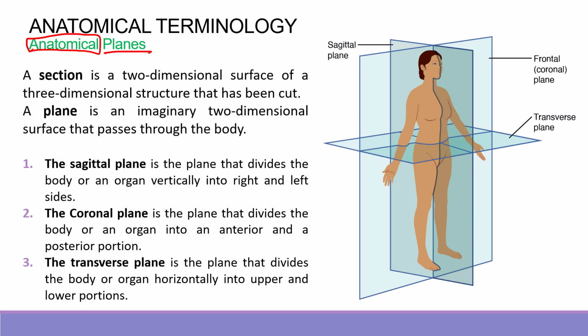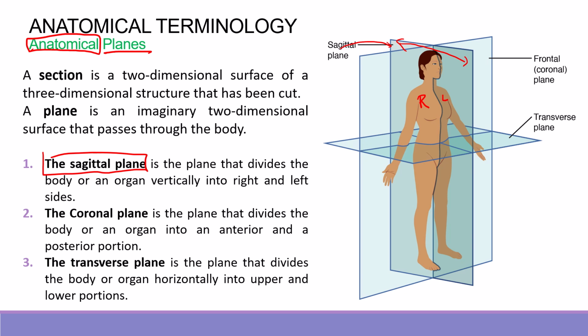So the first one, for example, is called the sagittal plane. If you look at this picture, if you cut the human body using a sagittal cross section, the section will divide the body into right and left, because of the way you have cut the human body.